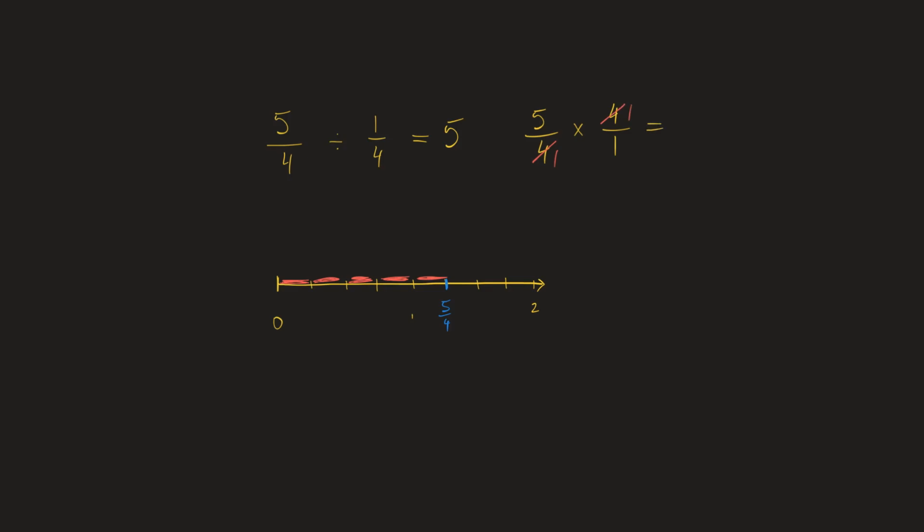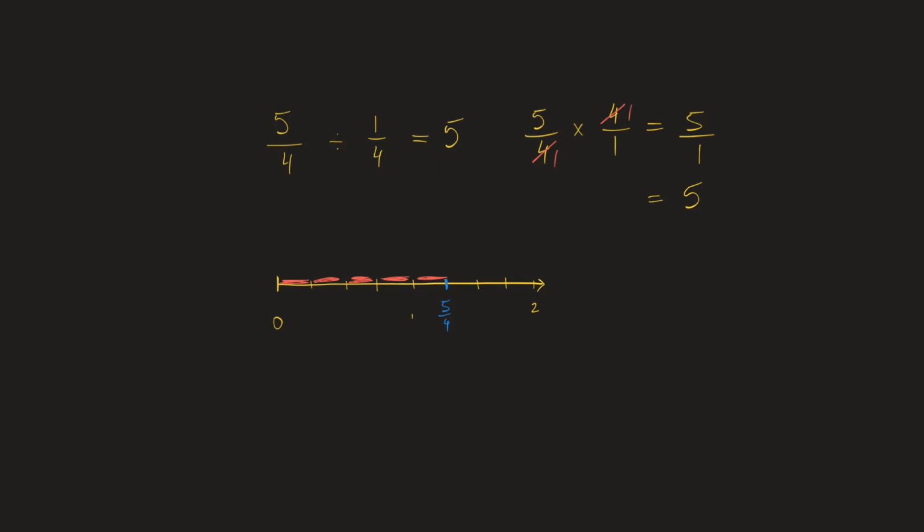When I multiply out, it's 5 multiplied by 1, which gives me 5, over 1 multiplied by 1, which is just 1. So simplifying that, my answer is 5, which is the same as before.